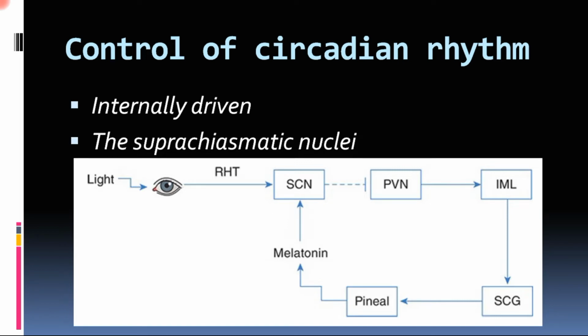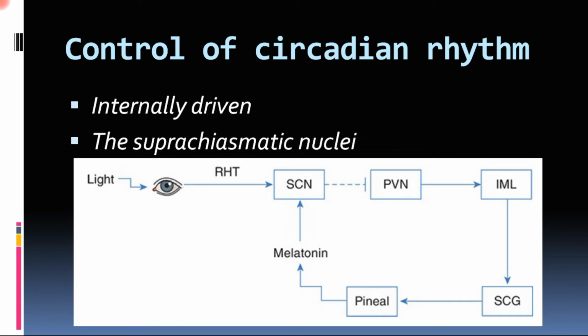Then comes the control of circadian rhythm. The circadian rhythm is the cyclical changes in the physiological functions of our body. It can include the secretion of certain hormones which are more at certain times of the day and less at other times of the day, and it also includes the sleep wake cycle and other physiological functions.